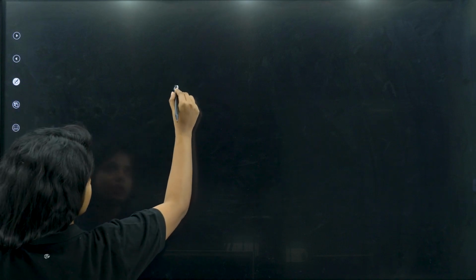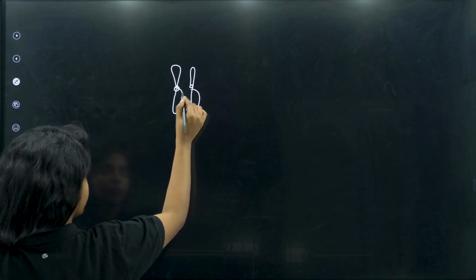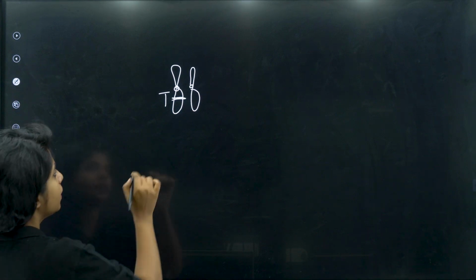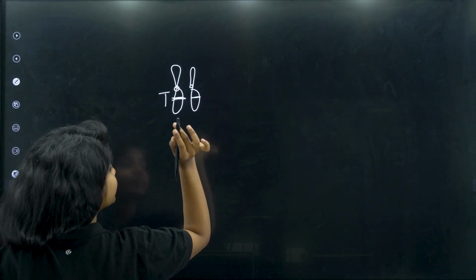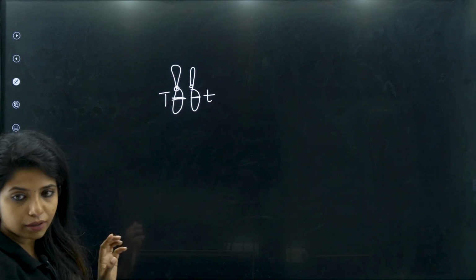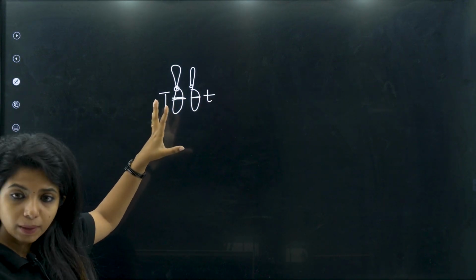Homologous chromosome as in, there is a chromosome like this, and it has one factor according to Mendel. There will be another factor of the same trait over here, same height, same character, I mean. Over here, it can be capital T or it can be small t. So, same thing they are saying.